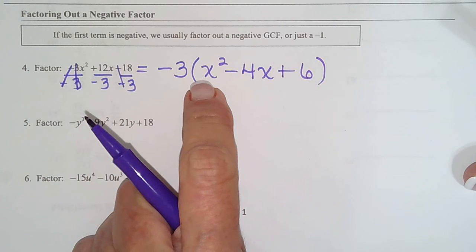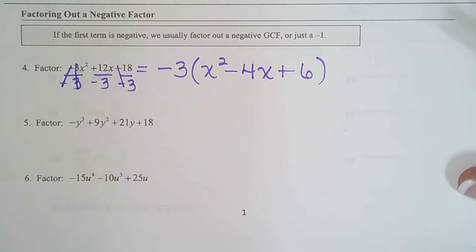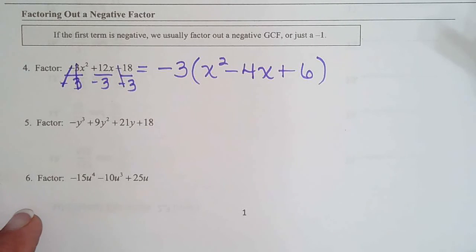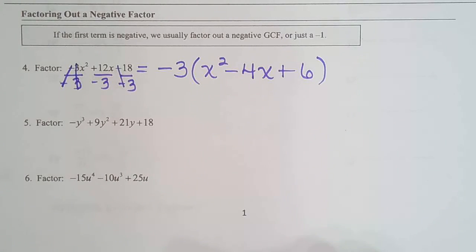And see now how I now have a polynomial without that negative in front. So then that allows me to factor with ease. And we'll learn other ways to factor, but for right now, we're just worried about getting that negative out and anything else that might be common.